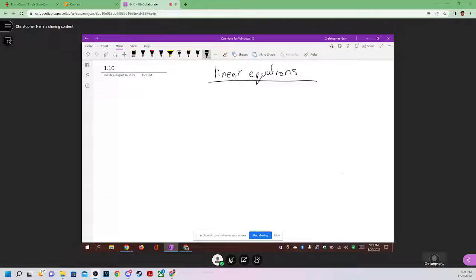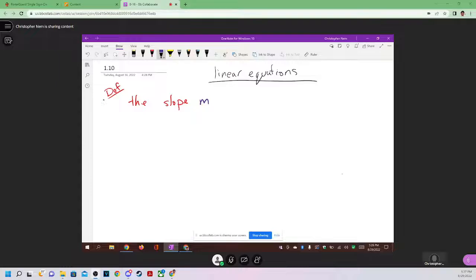So, our first definition we need to work with for linear equations is going to be slope. So, definition time. The slope, and we're going to denote this with the letter m. That's the symbol we'll be using for slope.